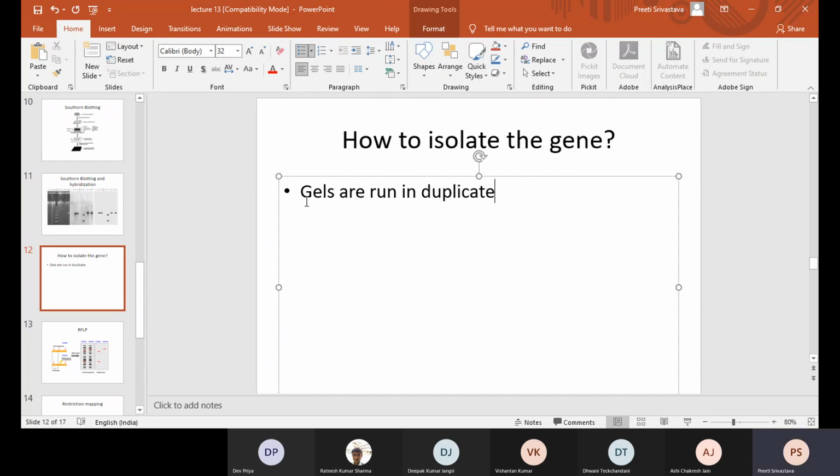One gel is transferred, the other one is not transferred.